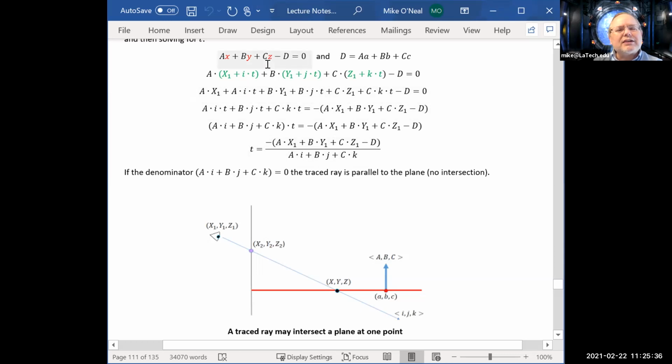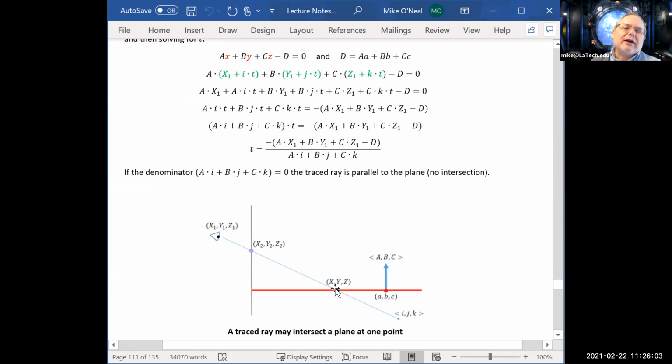So what we do is we take the equation for the plane, and then we go back to our equation for the x, y, z's along the vector. We still have a starting point. We still have a vector that gives us the direction. We still have a t that tells us how far to walk. And so we'll want to solve for t. How far do I need to walk in this direction before I hit the plane?